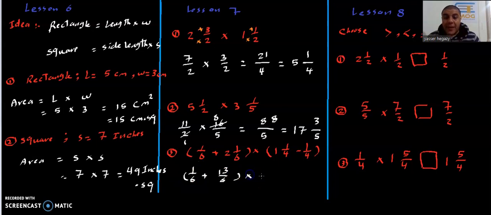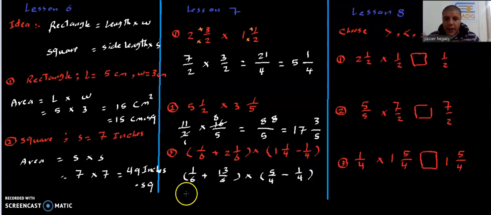Here is the first bracket. And 1 and 1 out of 4 minus 1 out of 4: it's a mixed fraction, so 5 out of 4, as we said, multiply down and add up. 4 multiplied by 1 equals 4 plus 1 equals 5 out of 4 minus 1 out of 4.